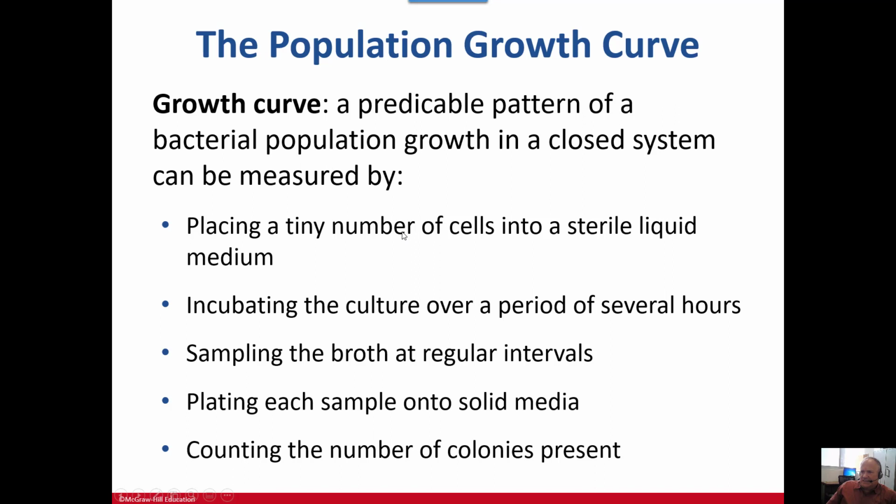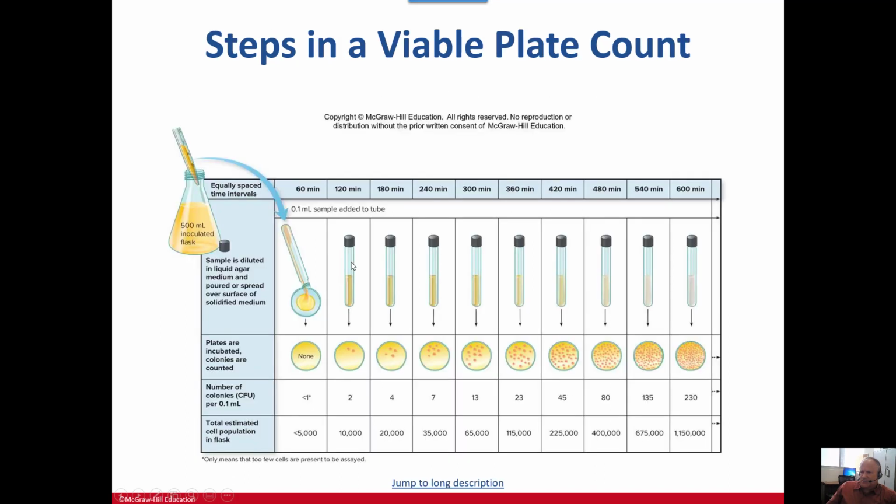So the growth curve is a predictable pattern. If we were to inoculate sterile broth that has good nutrients in it, the organism will start to grow. And we can take samples during that growth, and we can actually count the numbers. After 60 minutes, 120, 180, you can see the pattern as we grow across.